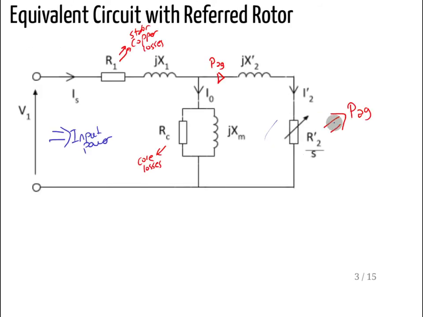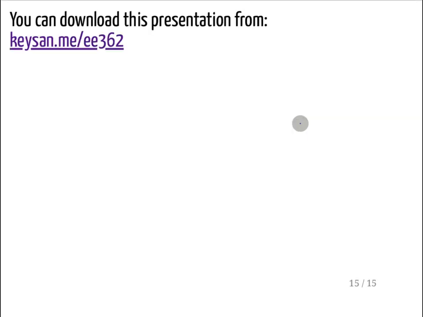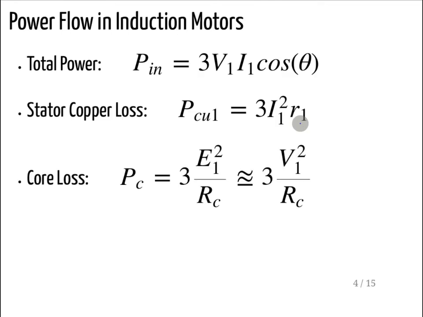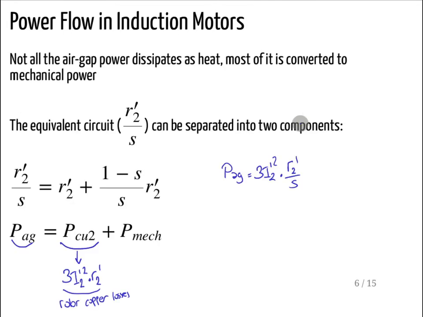power dissipated here. So if 3 I2 square times R2 prime is the heat, converted to heat, what about the other component? So what I can do is subtract: P air gap minus P copper 2, then that should be equal to the mechanical power.